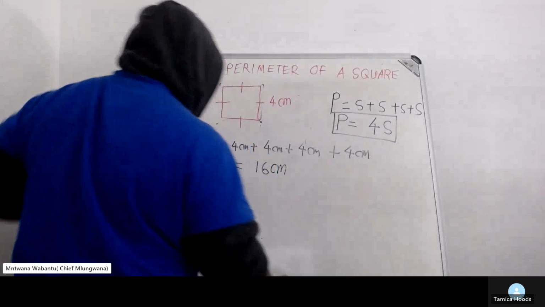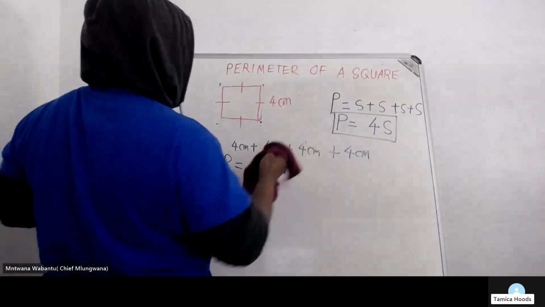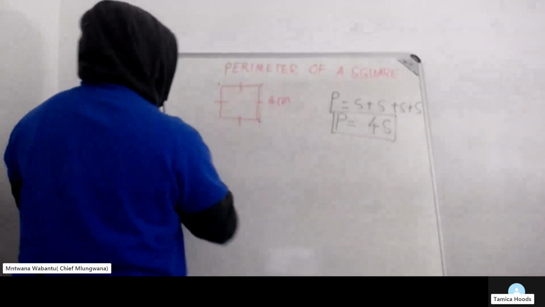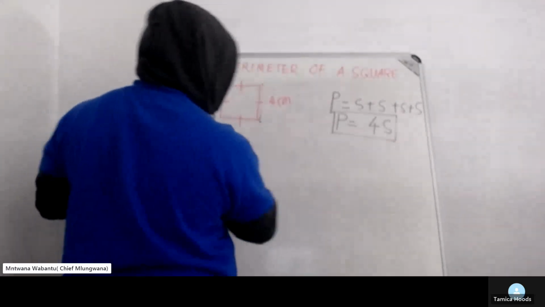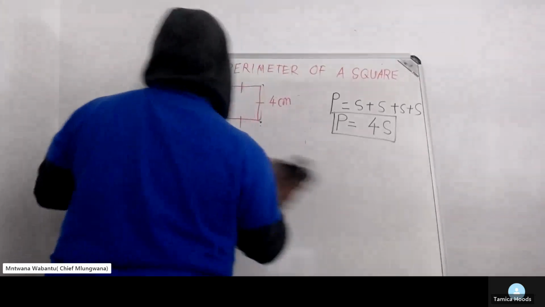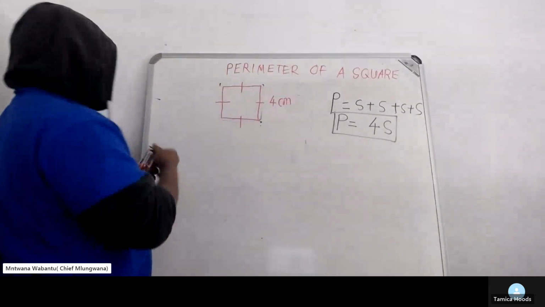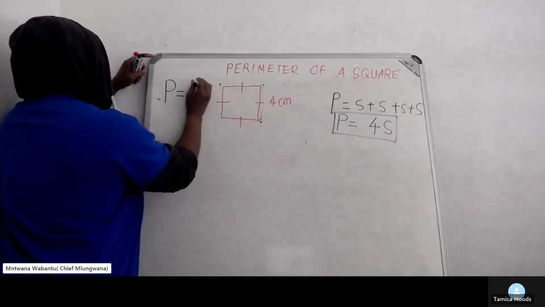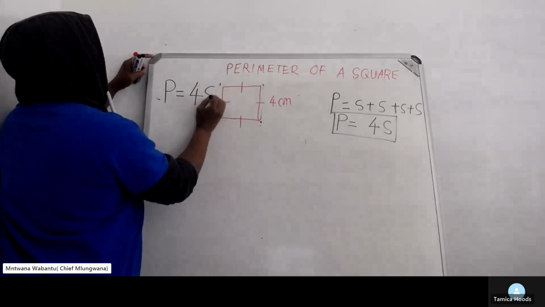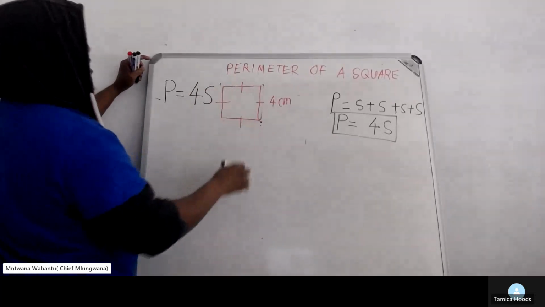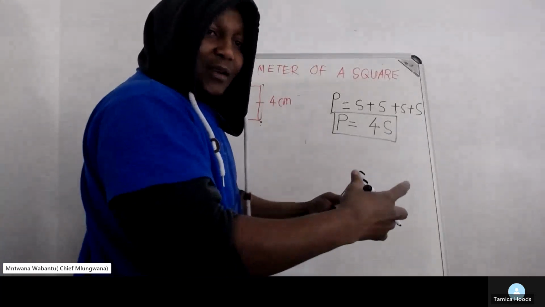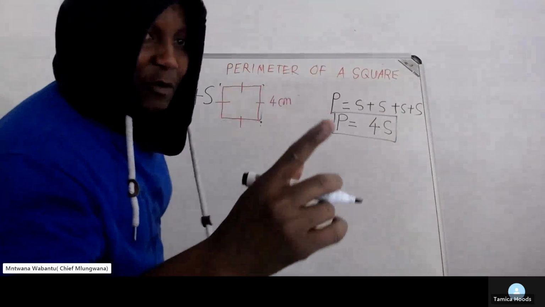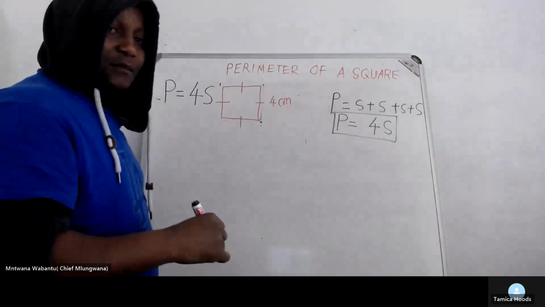Can I erase? Yes, you can erase. So perimeter equal to 4 side. That's all you need to know. You need to read carefully if they have asked you the perimeter or the area. The perimeter of a square equals 4 times side, means 4 of the side, 4 of them. But for area, it's side square.